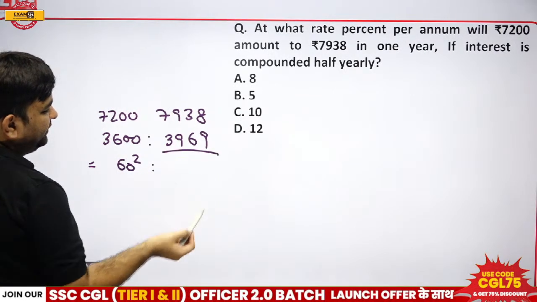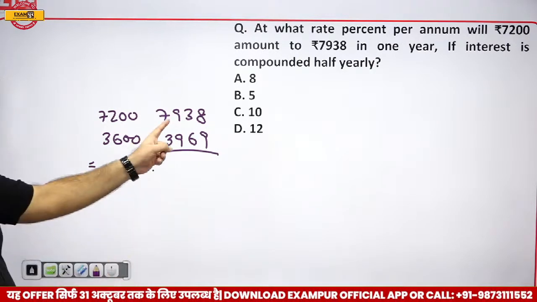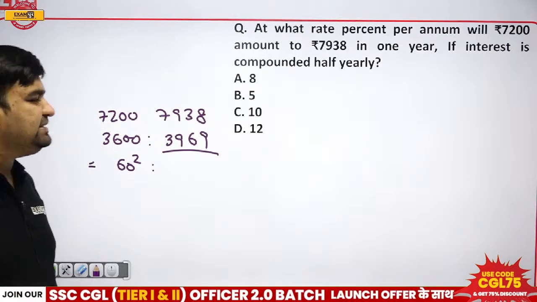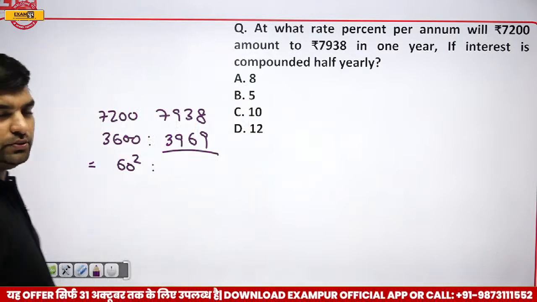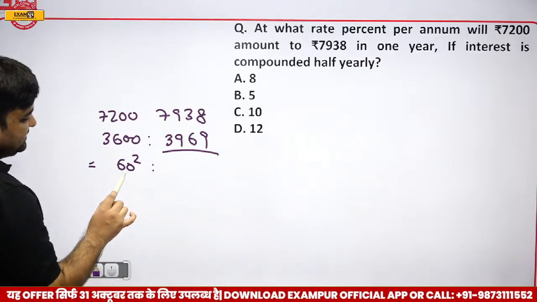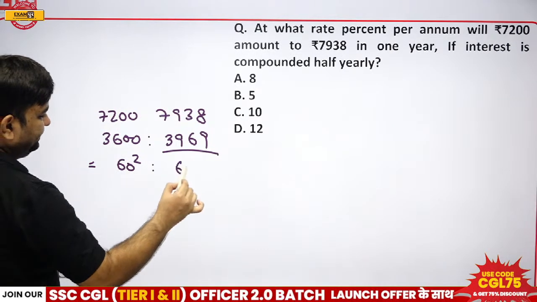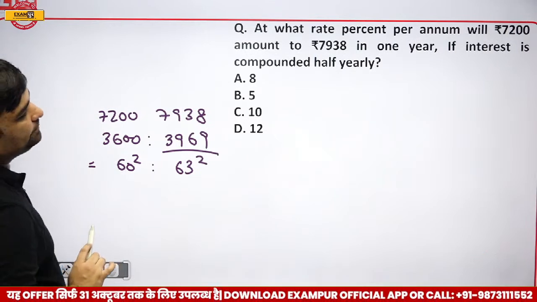And this is, my dear, 3969, which is a perfect square. 60, 61, 62, 63 is the possibility. 63 is the possibility.